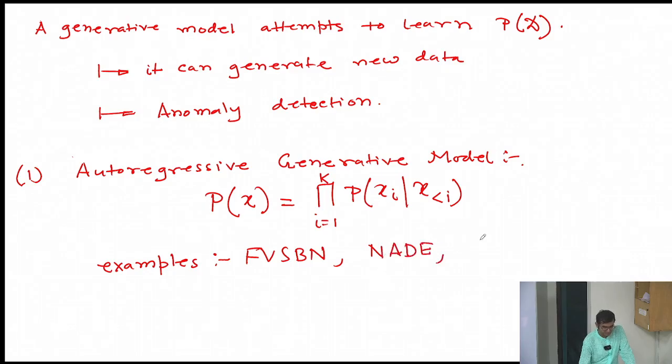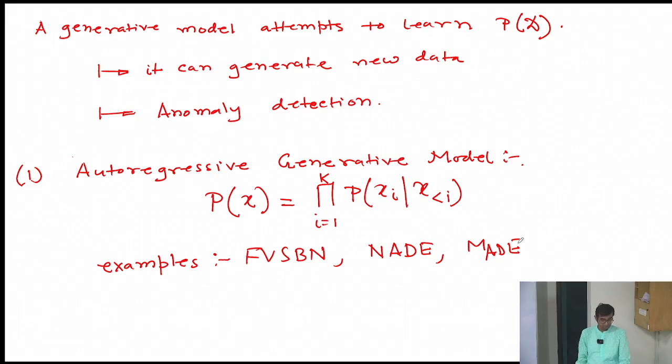Then there is MADE, and there are others also, by the way, but these 3 at least you are aware of. This is kind of the fundamental, and on top of that you can always build. I don't remember if it was for practical or homework, but either you have already written the code or you are going to write the code for all of these 3, right?